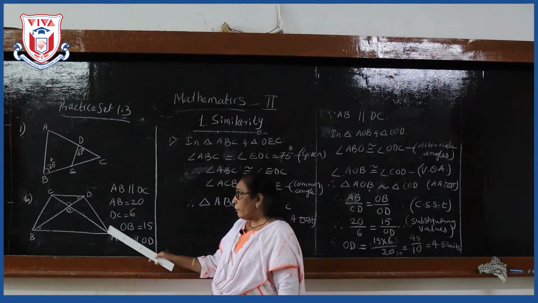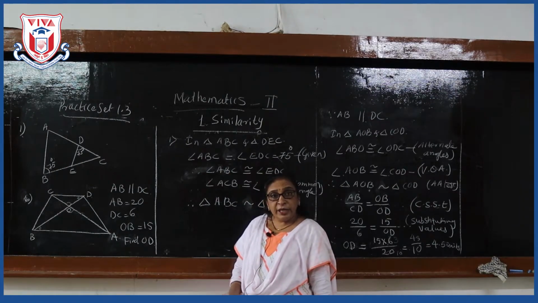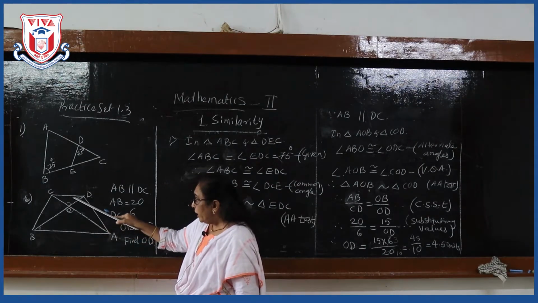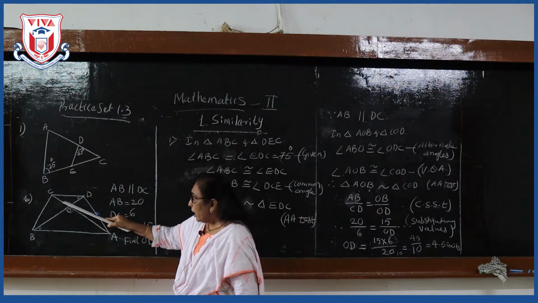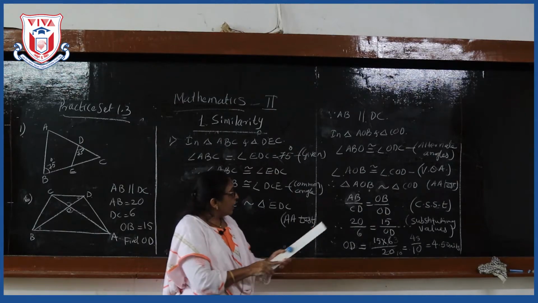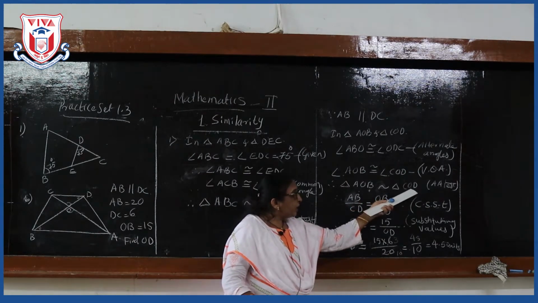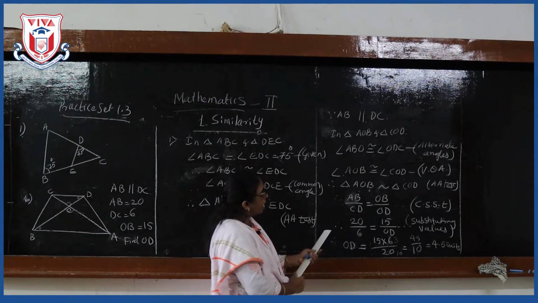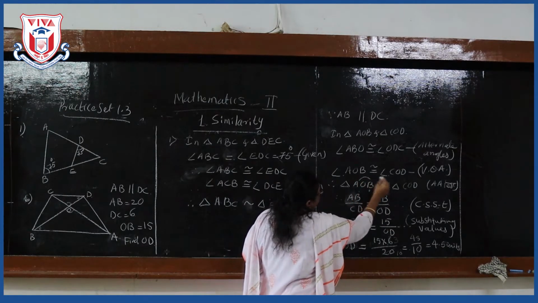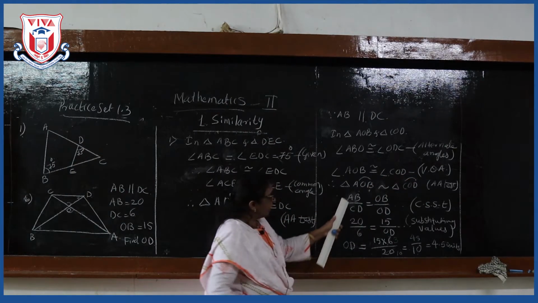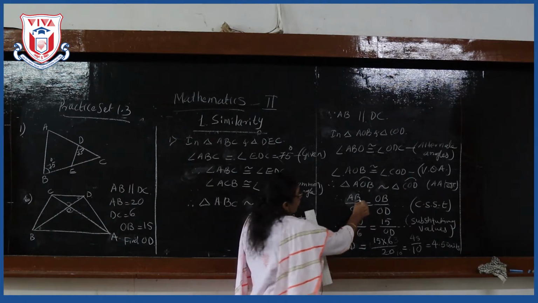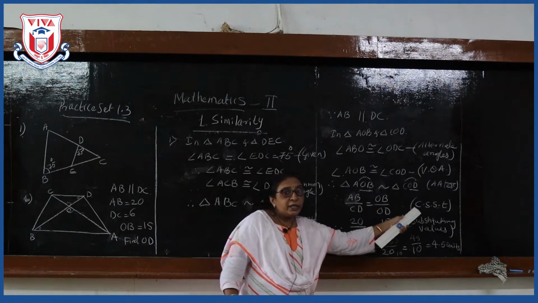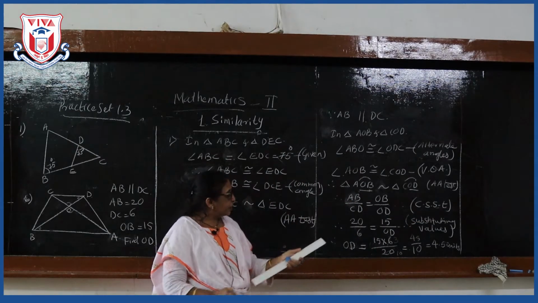Now see here, you have to check the corresponding angles properly. Here B corresponds to D, A corresponds to C and O corresponds to O, and therefore AOB and COD is the one-to-one correspondence. From this one-to-one correspondence, now you can write AB upon CD, these are the corresponding sides, is equal to OB upon OD, corresponding sides of similar triangles.